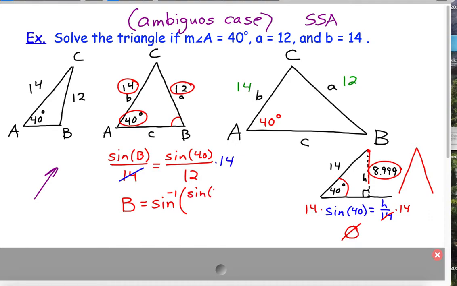Sine of 40 divided by 12 times 14. Notice I'm not writing down the decimal that I would have gotten and then do inverse sine. I'm just going to punch it all in at once. So angle B is going to equal, I should write the measure of angle B to be exact.